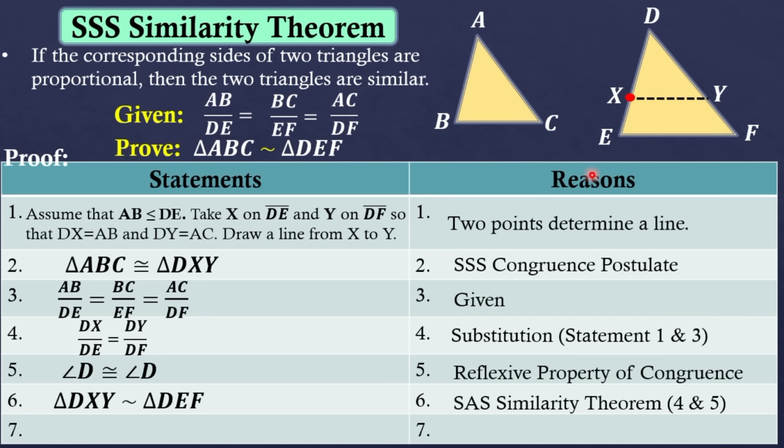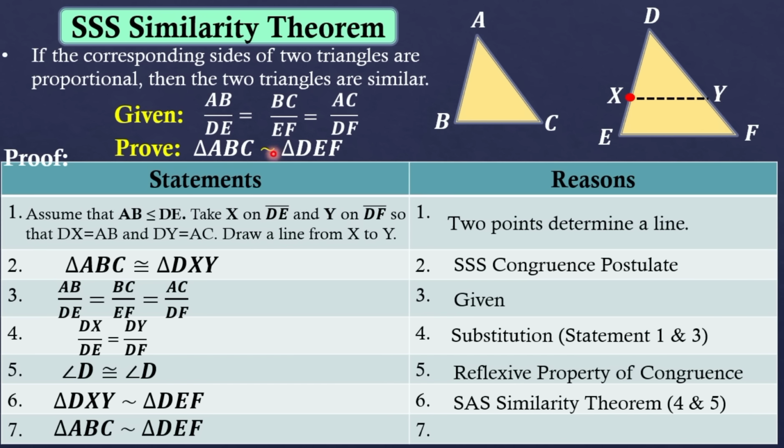Kasi nga po, binanggit po kanina that this side is congruent to this side and this side is congruent to this side and then this angle is congruent to this angle. Okay, so ibig sabihin meron tayong side, included angle, and then another side. Okay, so that is by SAS Similarity Theorem. So we can now say that triangle ABC is similar to triangle DEF.